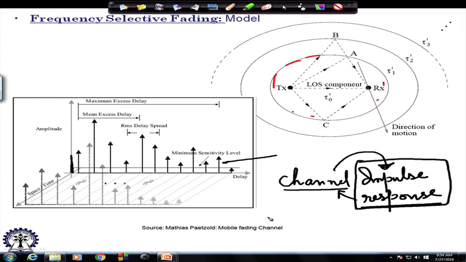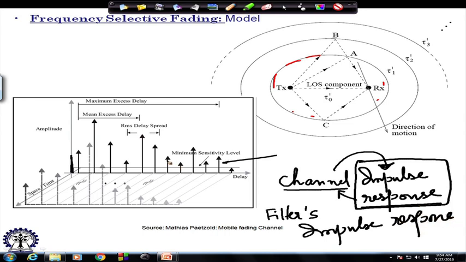Typically, if you have studied filters, you talk about filter impulse response. That means, you launch an impulse into the filter and what is the response you get. So, which looks similar, and it is almost looking like an FIR filter response, finite impulse response filter, and mostly that is why we can model these propagation channels as finite impulse response filters.